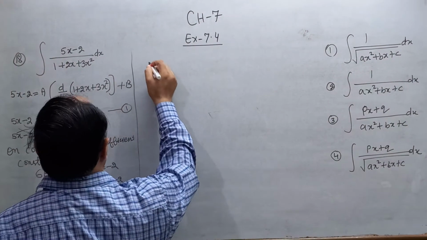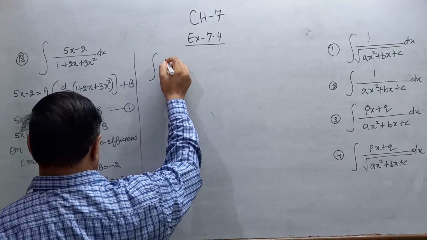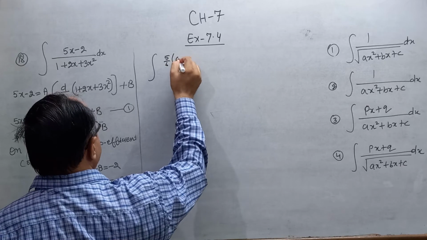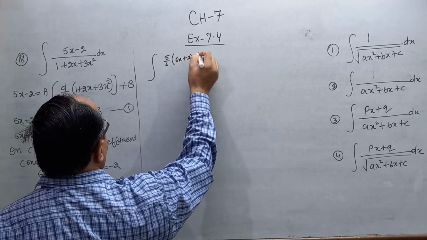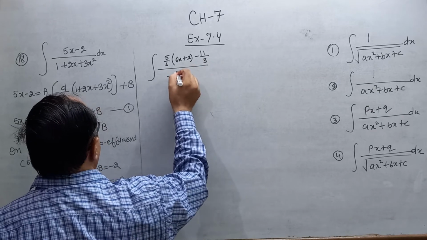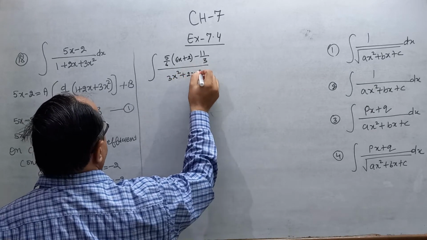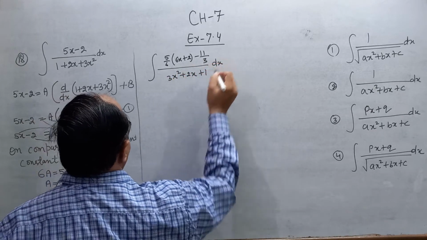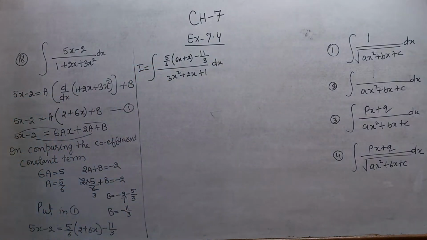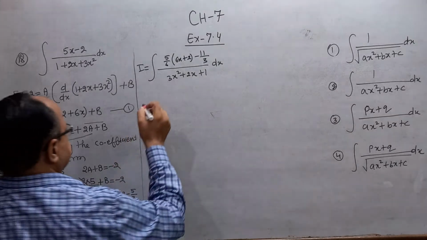Therefore integration of 5 by 6 into (6x plus 2) minus 11 by 3 upon 3x square plus 2x plus 1 dx. This is the integration. Now separate.